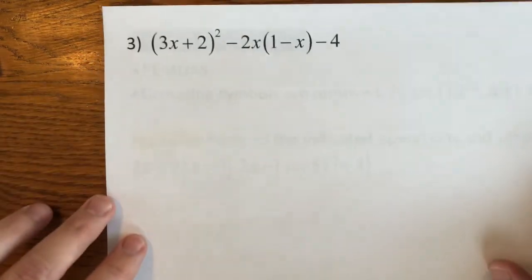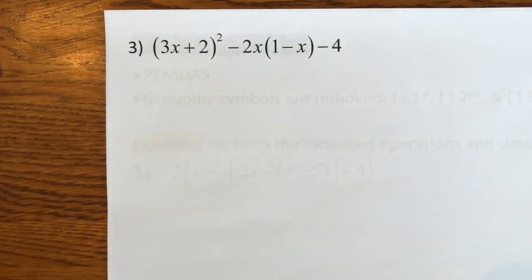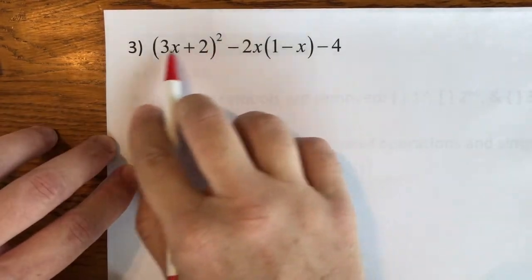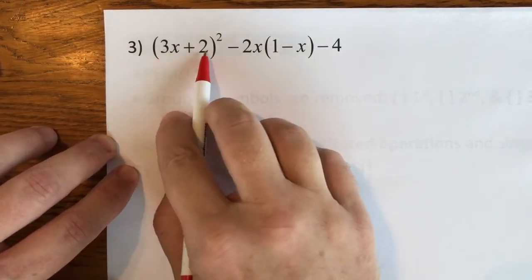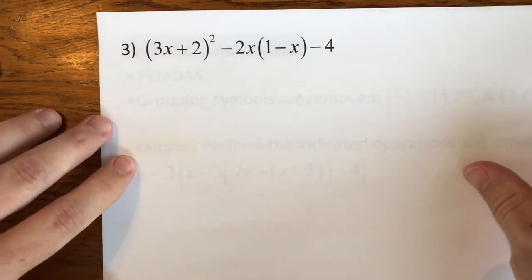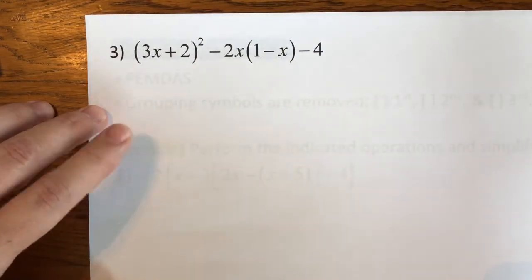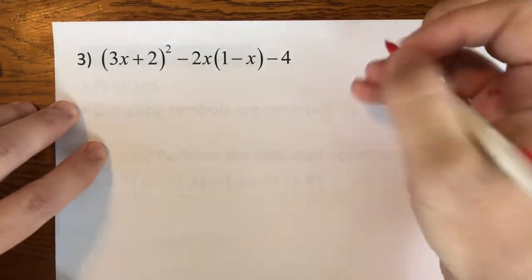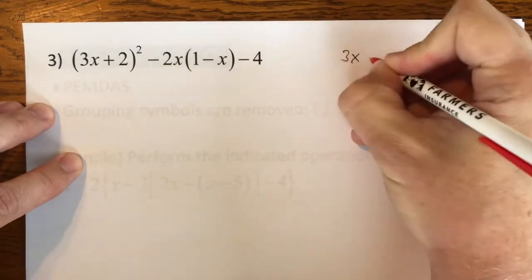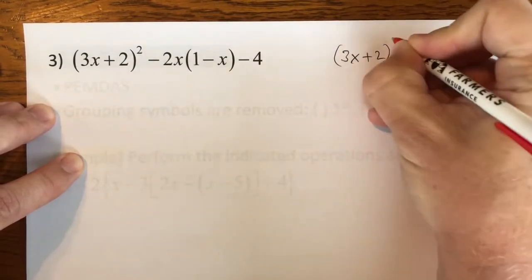All right, let's look at example number 3. In example number 3, a couple different things going on here. In the first part of this, you have a binomial squared. Do we all remember what to do if you have a binomial squared? Well, let's see. I'm gonna write down this 3x plus 2 squared over here.